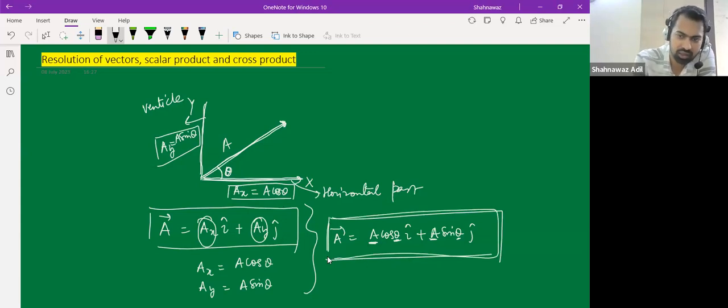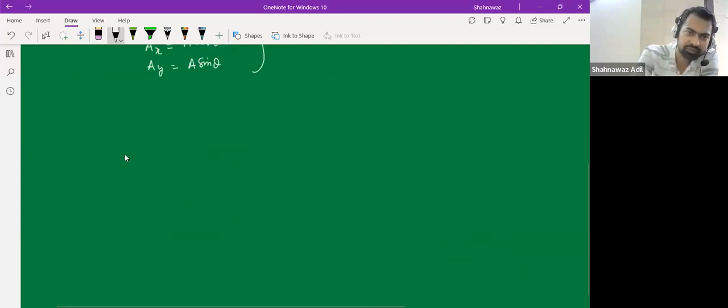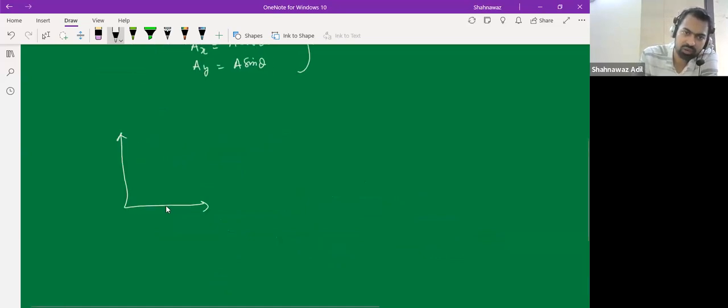Let's say we have an example. We have a force acting in this way and its magnitude is 20, and the angle is, let's say, 60.